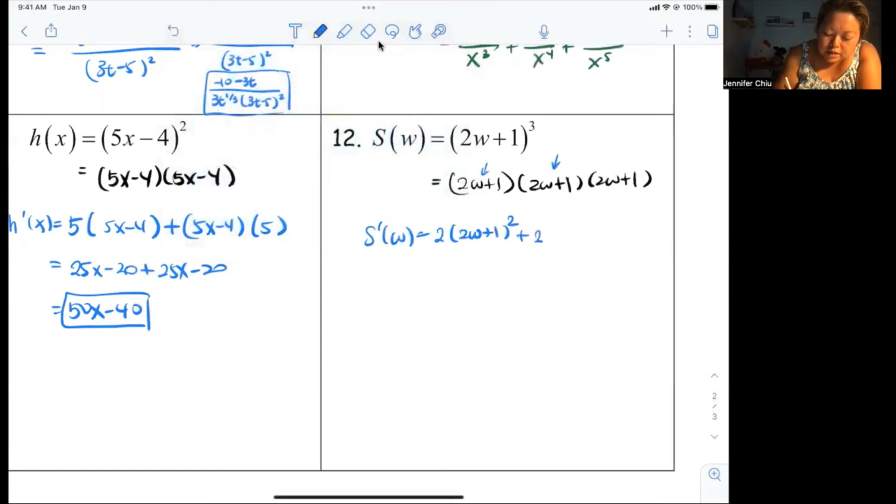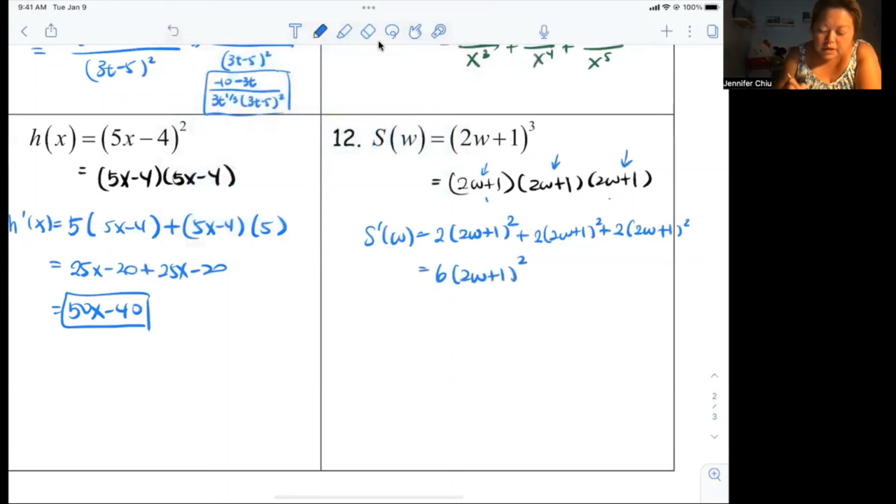That's 2. And then this is the same. This keeps its original form. So 2w plus 1 squared. And then last but not least, the last one is also 2. And then another 2w plus 1 squared. So really, there's 3 of these. So there's 6 times 2w plus 1 squared. And you could keep it like this. You don't actually have to distribute it out because it's much easier to take the derivative if you were asked to take it again.